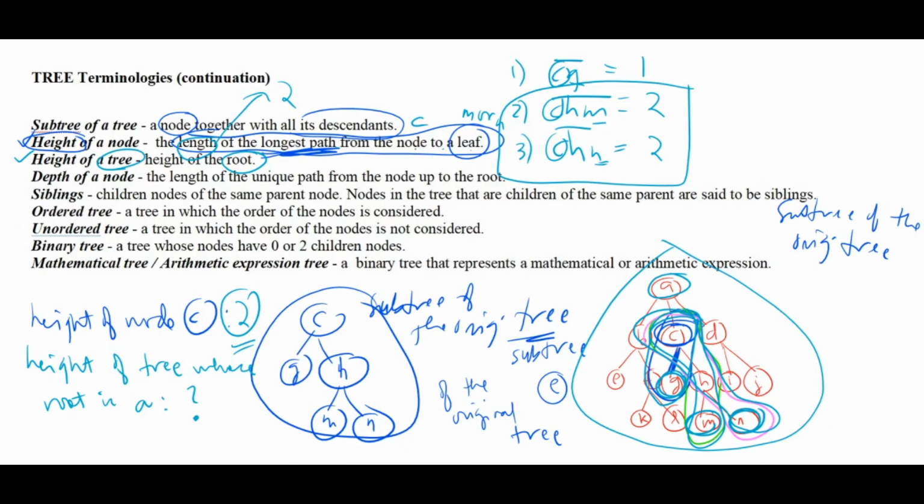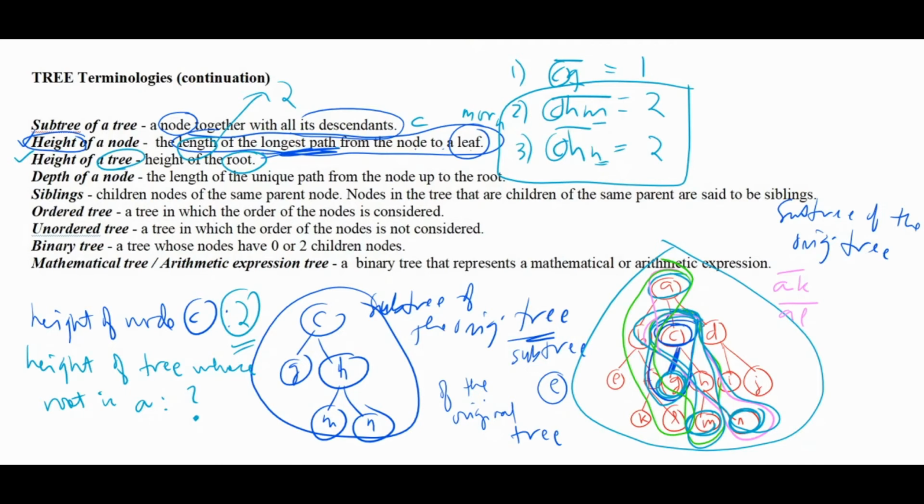So what are the paths from root A to a leaf? We have A to K, this path. A to L is going A, B, F, and then L, this path.